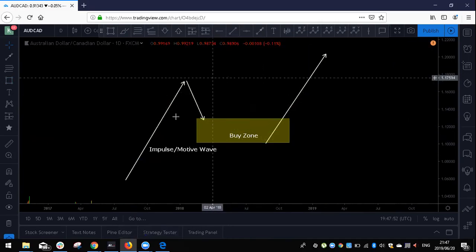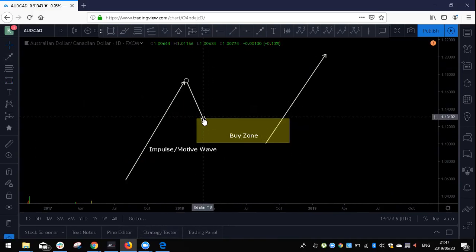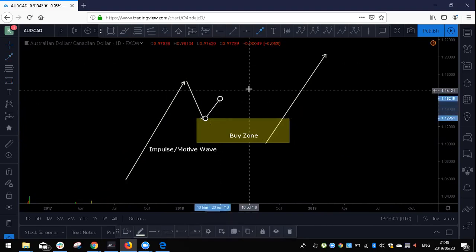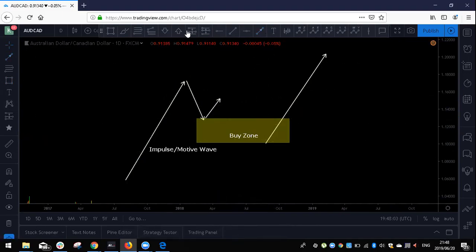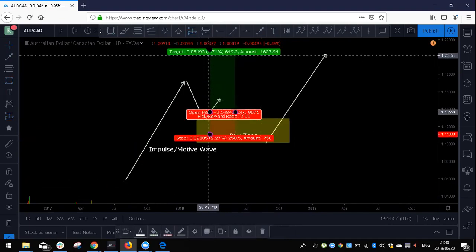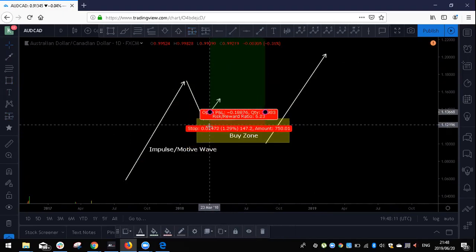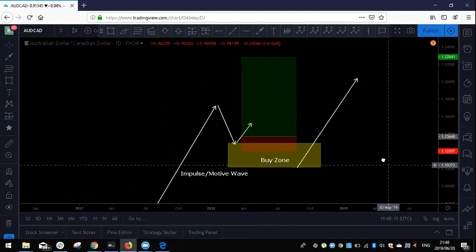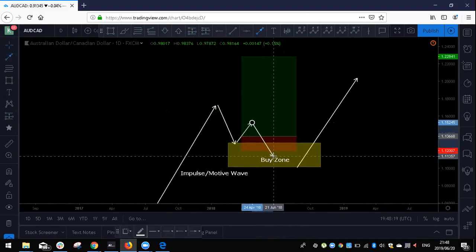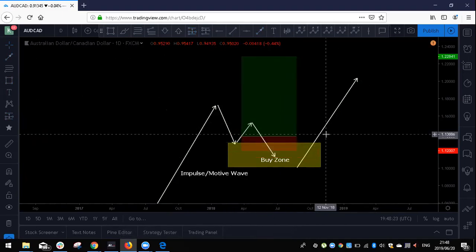I won't buy anywhere outside, because you might buy and you're already in a buy trade, and you think it's going all the way up. Maybe your stop loss will be there, only to find that price is still coming to me, because I'm a patient trader. You bought too soon.